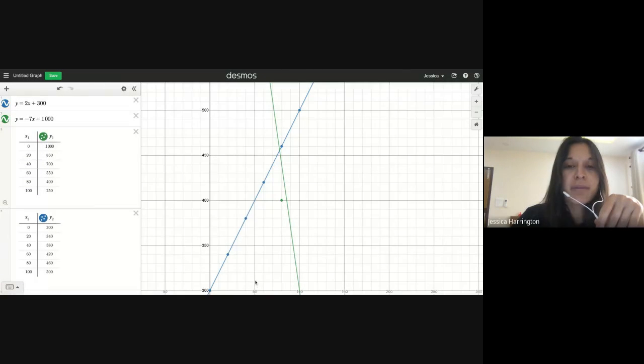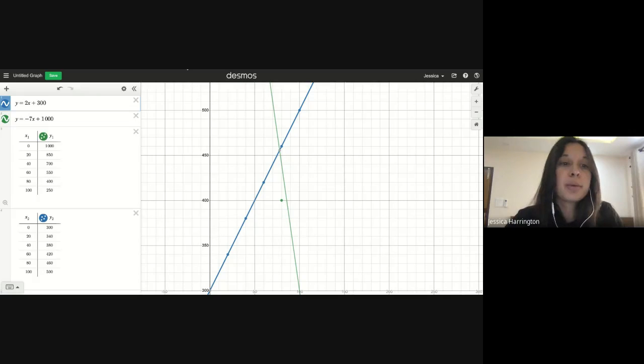When x is 50, my blue line, remember, is the movie theater. I can scroll over this and get exactly to 50. And you see that? When x is 50, we think that 400 people are going to go to the movie theater. So I'm going to write that real quick. 400 people at the movie theater.